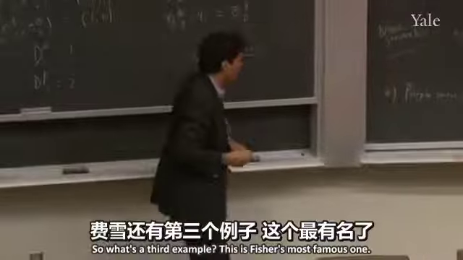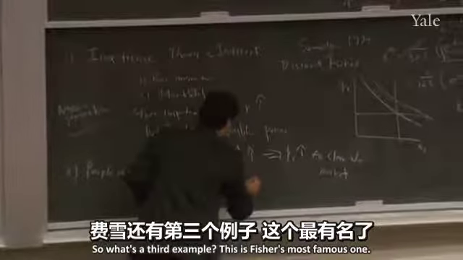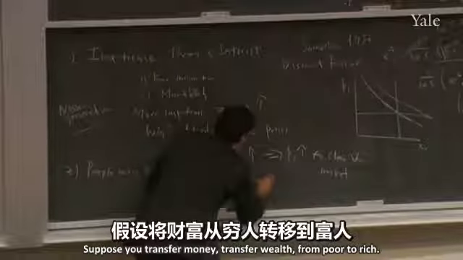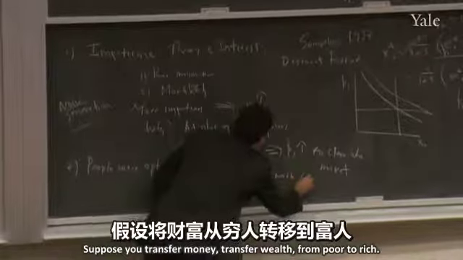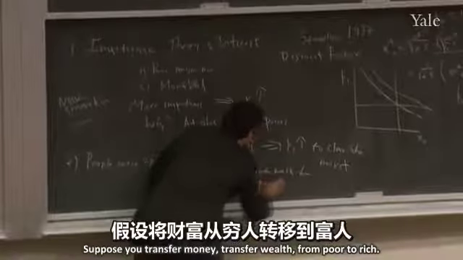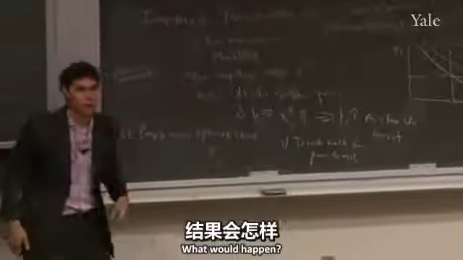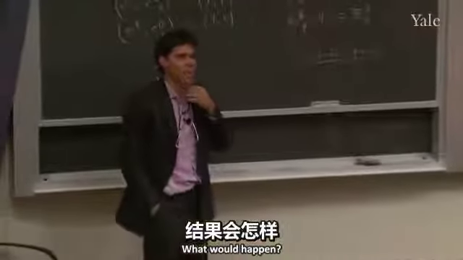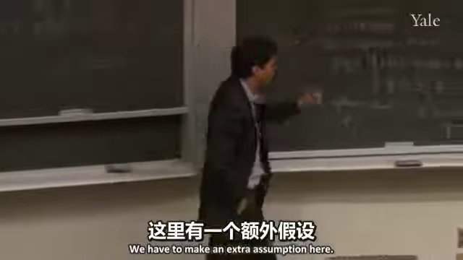Okay, so what's a third example? Suppose, this is Fisher's most famous one, suppose you transfer wealth from poor to rich. What would happen? Okay, we have to make an extra assumption here.